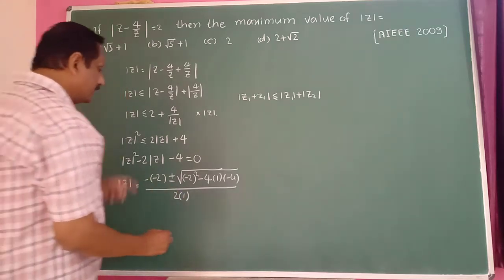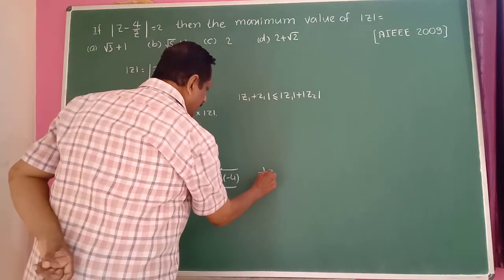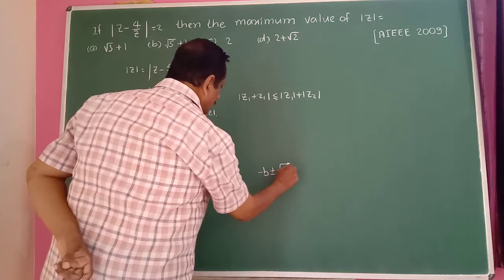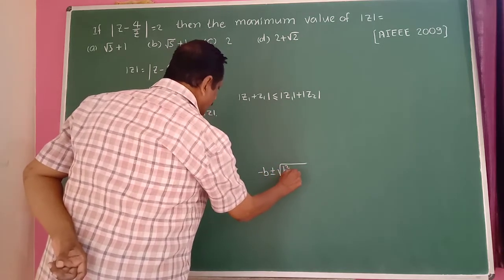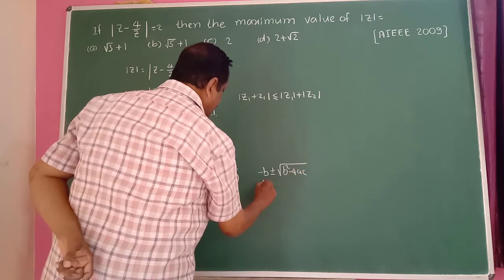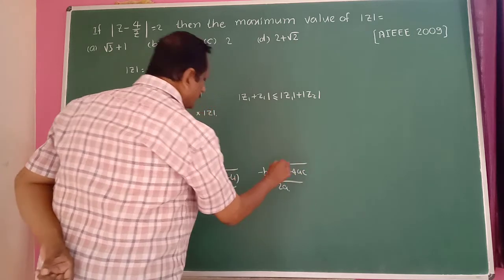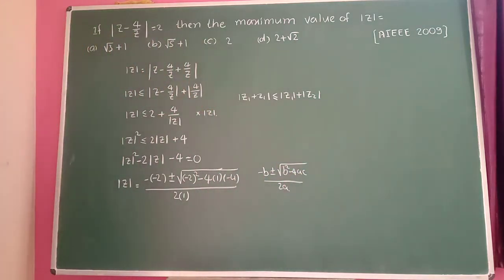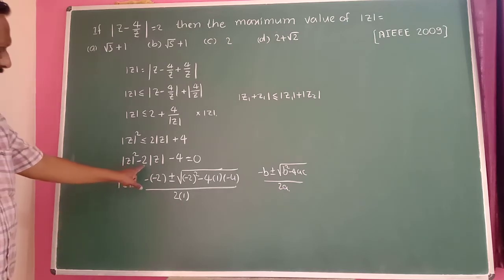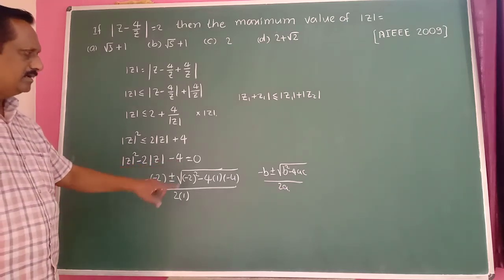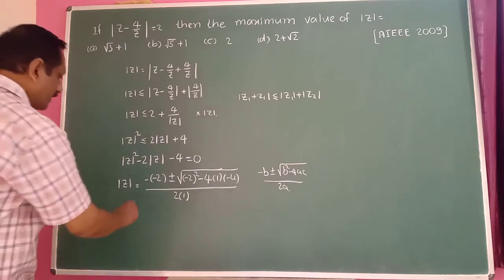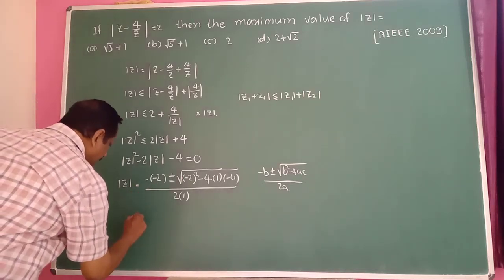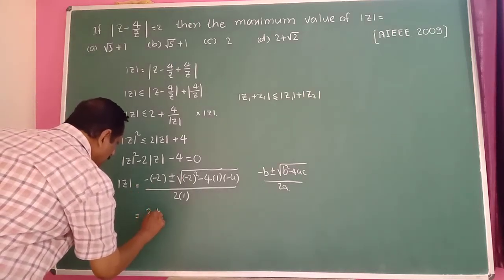You are using the formula minus b plus or minus root of b square minus 4ac divided by 2a. A value is 1, b value is minus 2, and the c value is minus 4. Here minus into minus becomes a plus.